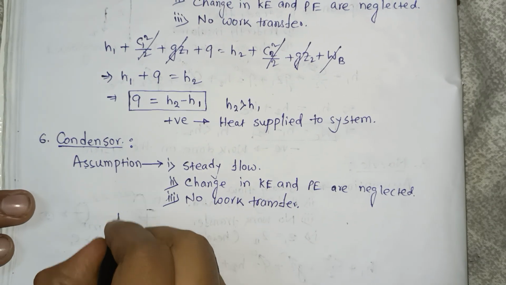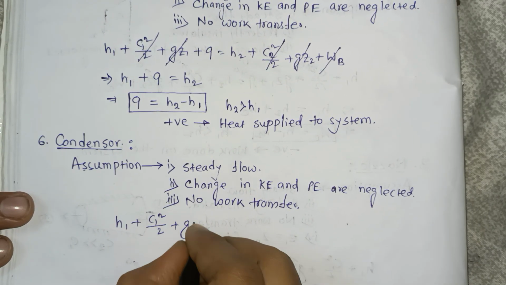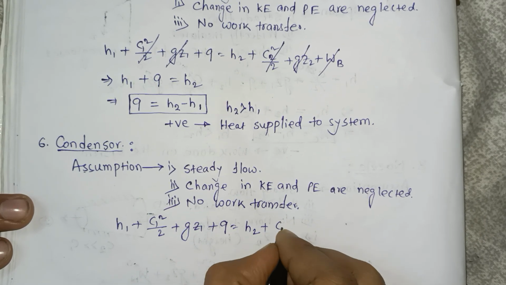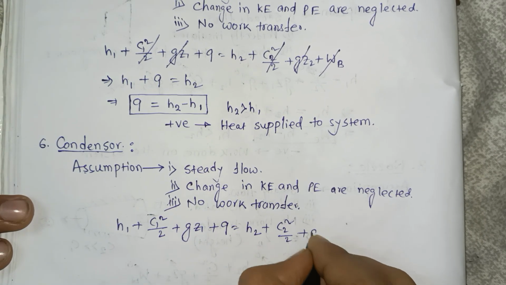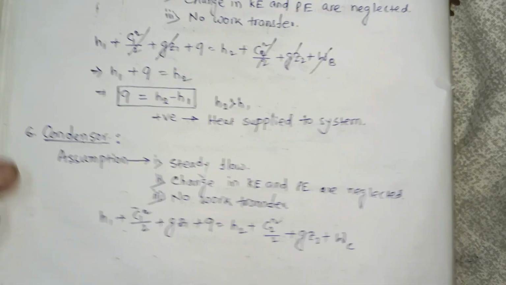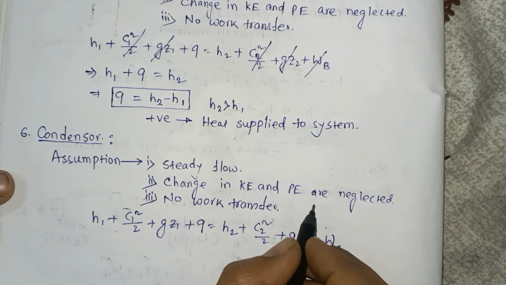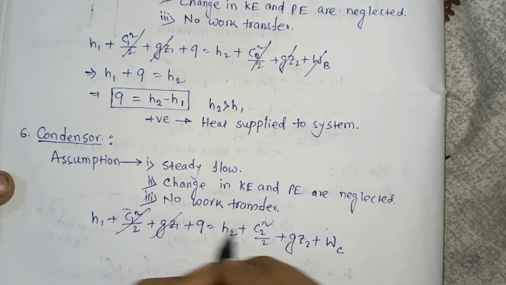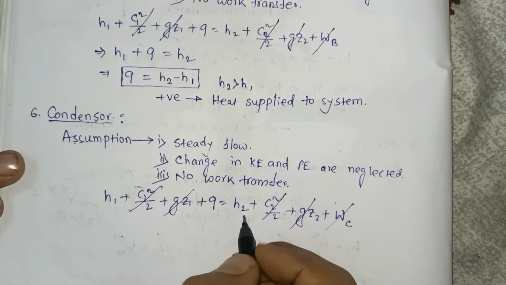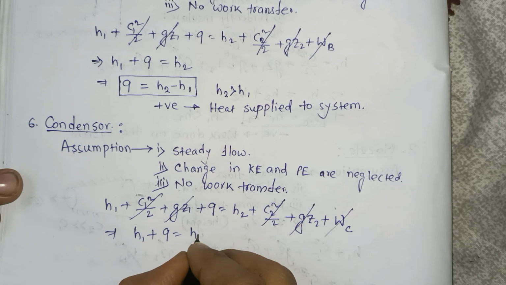So apply the steady flow energy equation, H1 plus C1 square by 2 plus gZ1 plus Q is equal to H2 plus C2 square by 2 plus gZ2 plus W of condenser. Now steady flow, this equation is applied. Kinetic energy and potential energy are neglected, so this is neglected, and no work transfer, that means this is also neglected. So from here you can see that H1 plus Q is equal to H2.